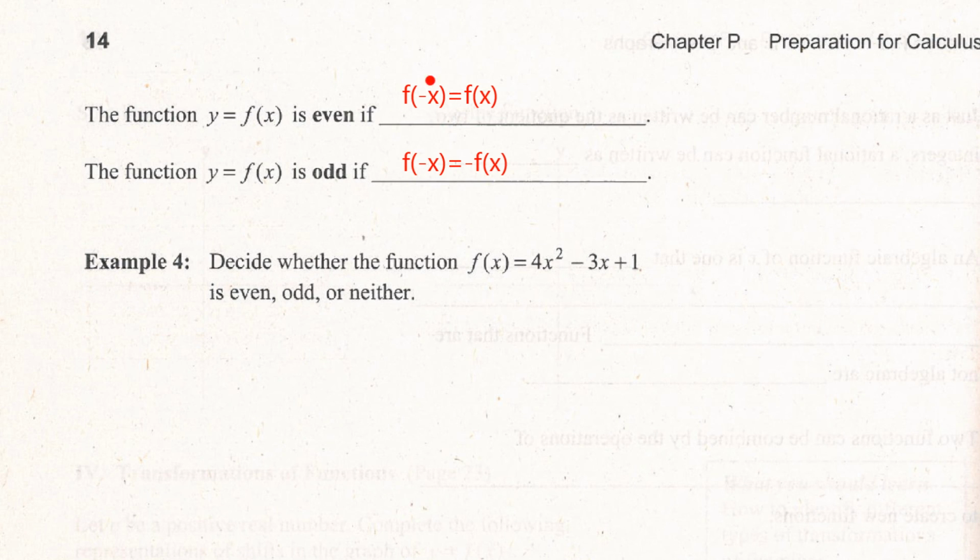If you plug in negative x in place of the variable x and you end up getting the same function, well, then you say that you have an even function. But if you plug in negative x and what you end up getting is the opposite or the negative of the original function, then you call it odd. Again, look at the examples in the textbook for a little more information on this, but it is very, very similar to our tests on symmetry.